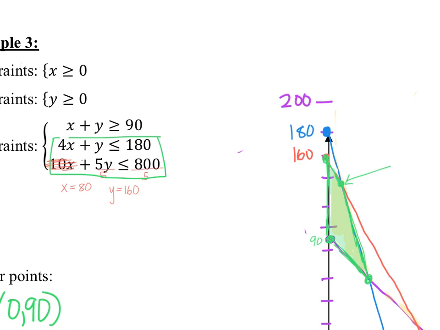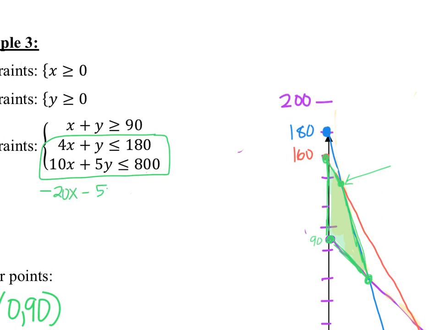So let me clean this up a little bit. All right, so let's find the intersection of these two. We'll use the elimination method. I'm going to multiply by -5. So I'm going to take 4x, multiplying by -5, so negative 20x minus 5y.